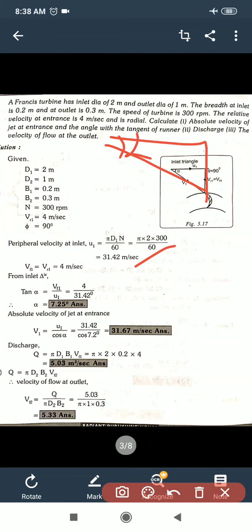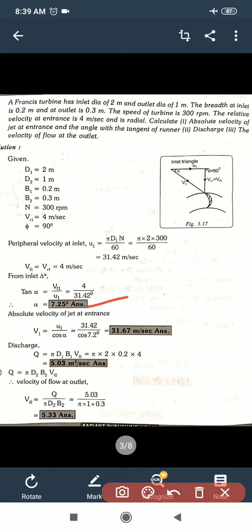You can use tan. Tan equals opposite by adjacent, so tan alpha equals opposite by adjacent, where opposite is the vf1 value and adjacent is the u1 value. Substituting 4 and 31.42, you will get almost 7.25 degrees of alpha value.